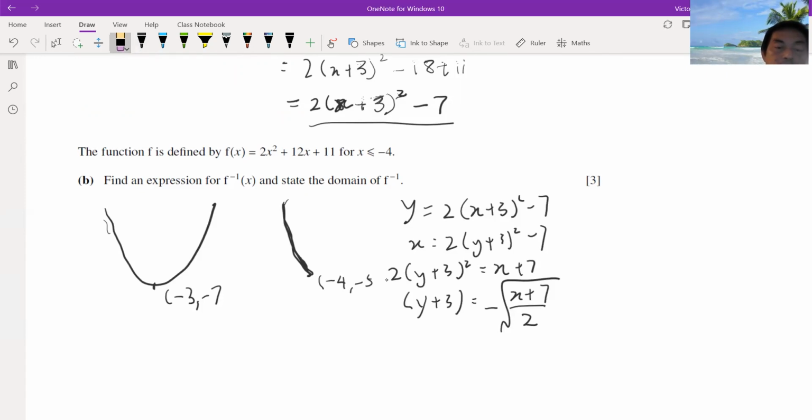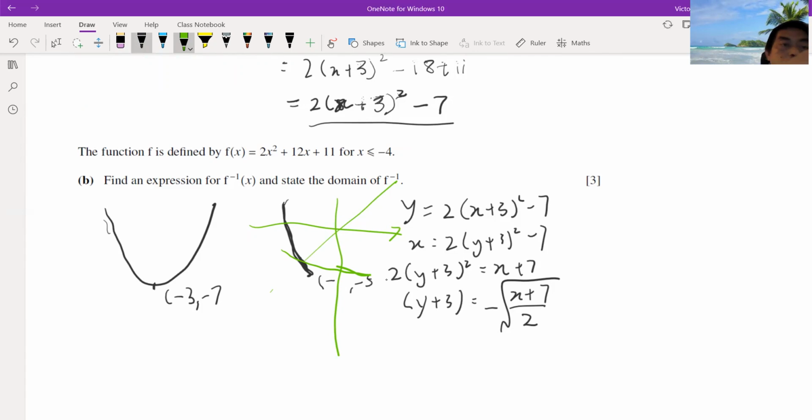Okay. Now you draw the graph. I'll just put it in a different color. This is the graph. This is the line y equals x. So you will have a line that goes like this. This is your negative.